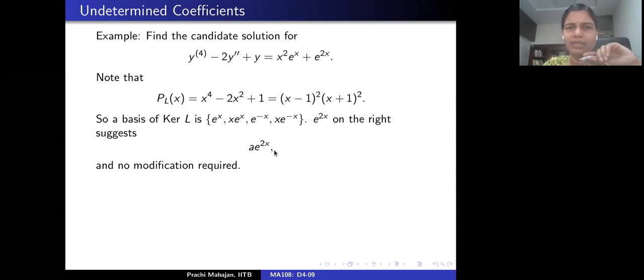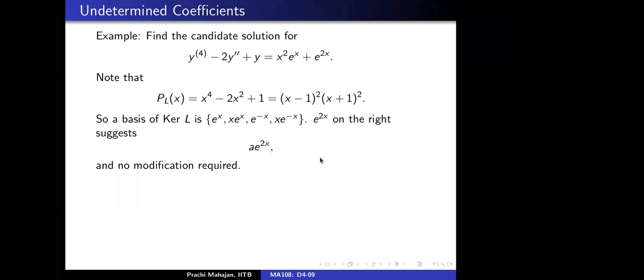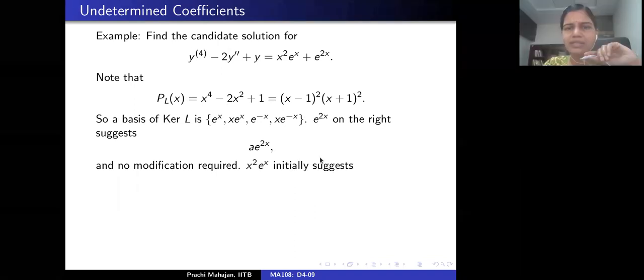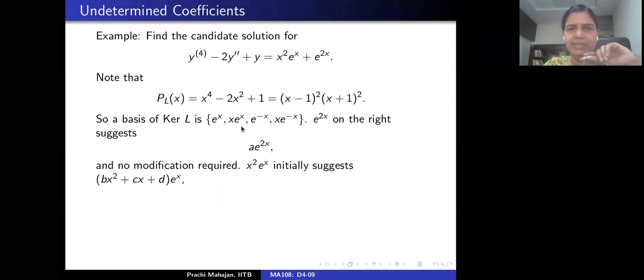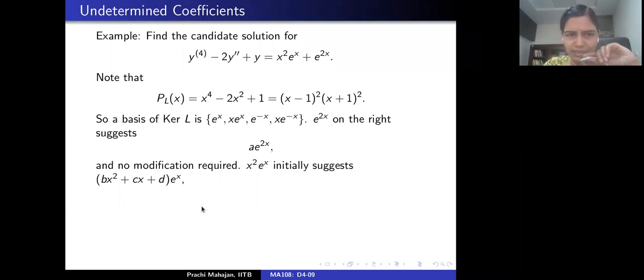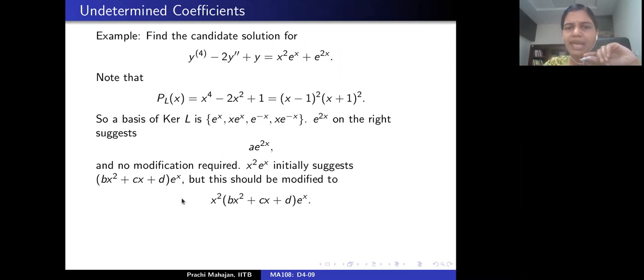There's no modification required, because we only need to account for the solutions of the homogeneous equation. Now x square e to the power x initially suggests that one should look at a general quadratic times e to the power x. However, we note that e to the power x and x e to the power x are both solutions of the homogeneous equation. So we need to multiply this by a factor x square.